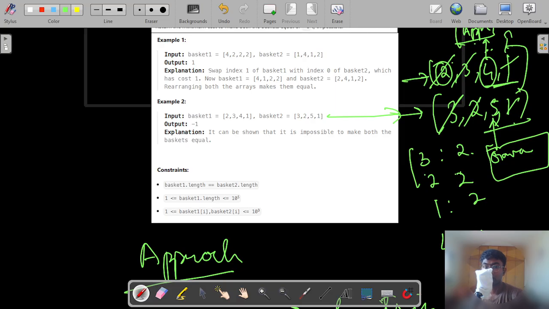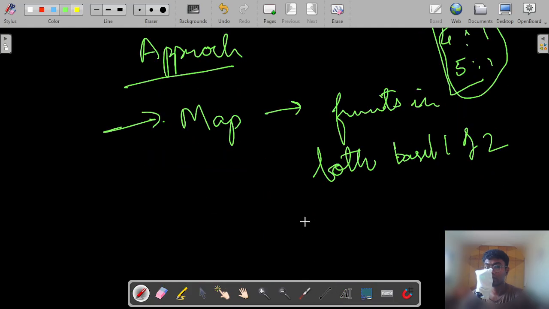Let's say 5 is seen only in basket 2. This means that these two values are totally specific to basket 1 and basket 2, and therefore they can never be shared between the two baskets because they are only one in quantity, right? So that's the whole idea.